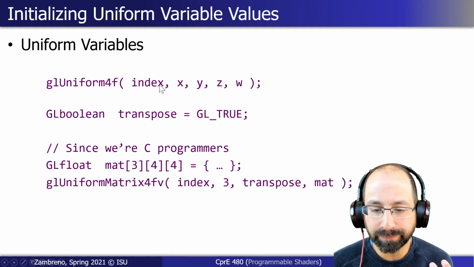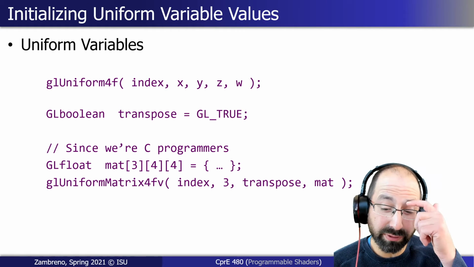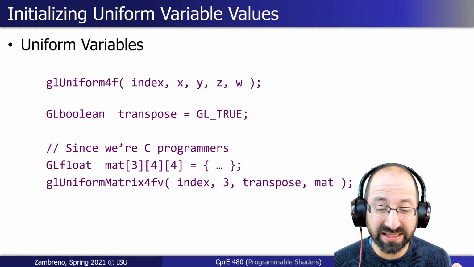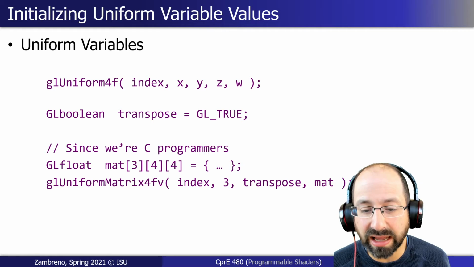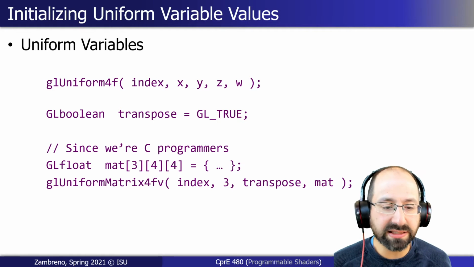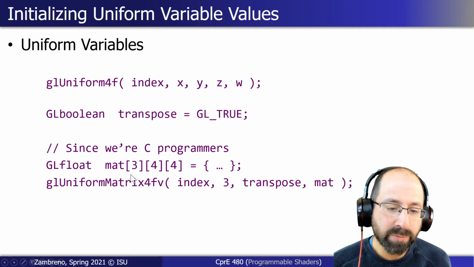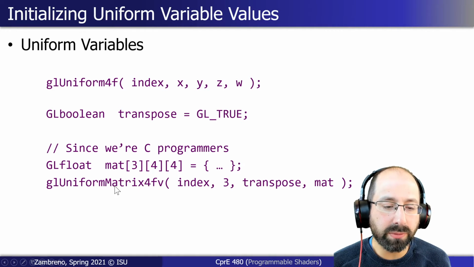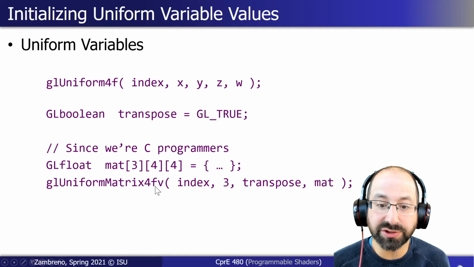A little bit in our MP3 debugging, we saw that matrices are a little bit more annoying. You can specify all sorts of data via that matrix call. In this case, GL uniform matrix 4FV has a number of additional inputs to it.